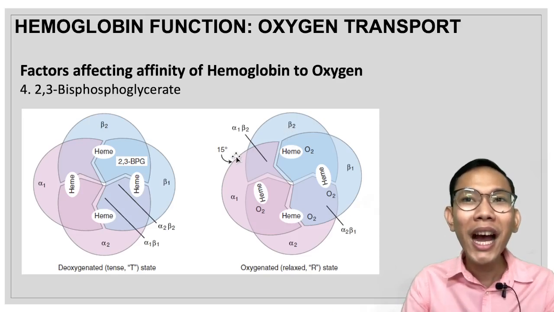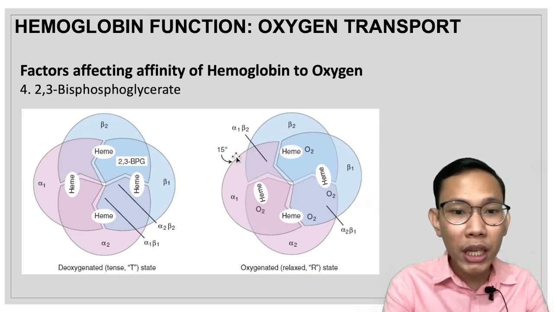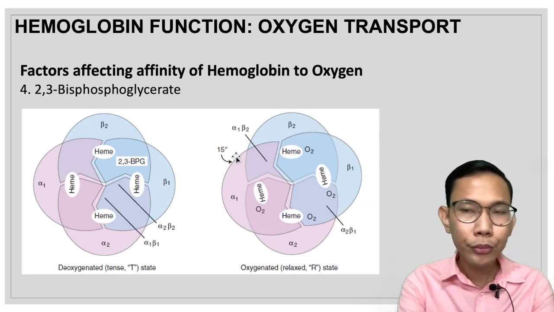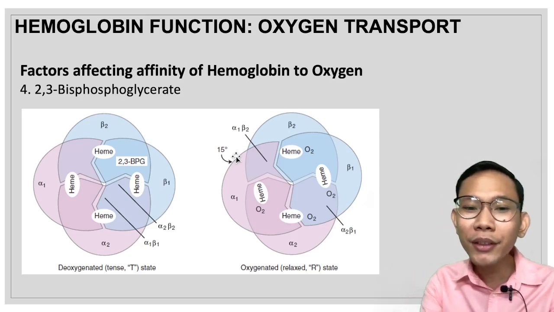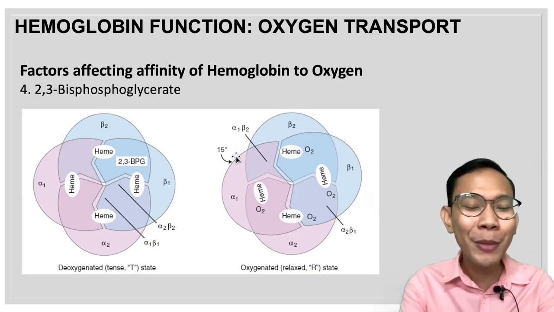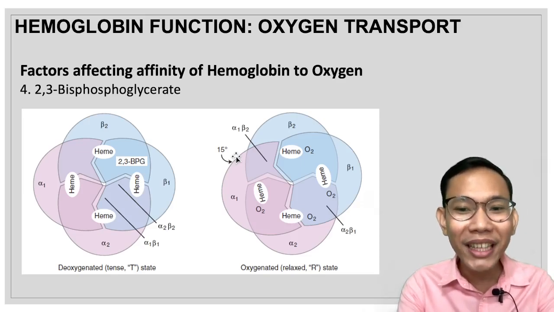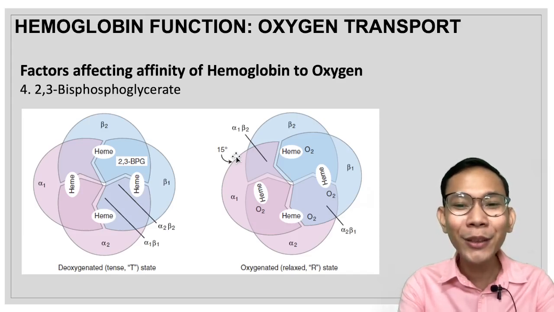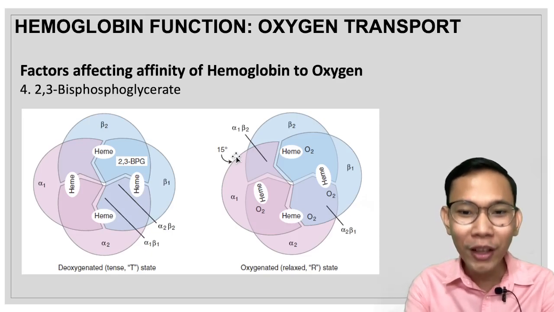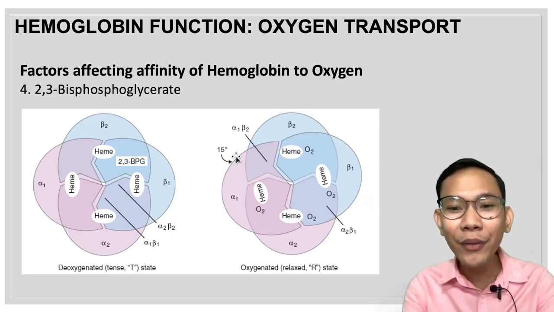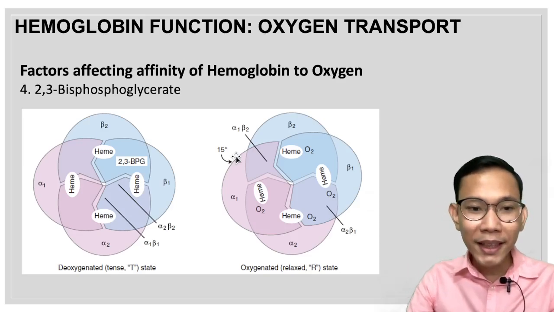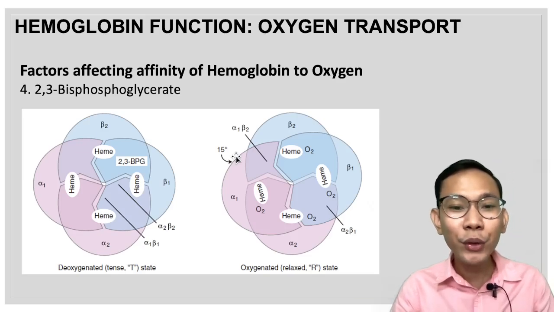So therefore, an increase of 2,3-BPG, will it cause a shift to the right or shift to the left? Right or left? Sige, sagot. Of course, shift to the right. Kasi kung nandyan si 2,3-BPG, nare-release yung ating oxygen. Pag wala si 2,3-BPG, hindi nare-release ang ating oxygen. Your oxygen will have higher affinity to our heme. So that's it: increase in 2,3-BPG, shift to the right.